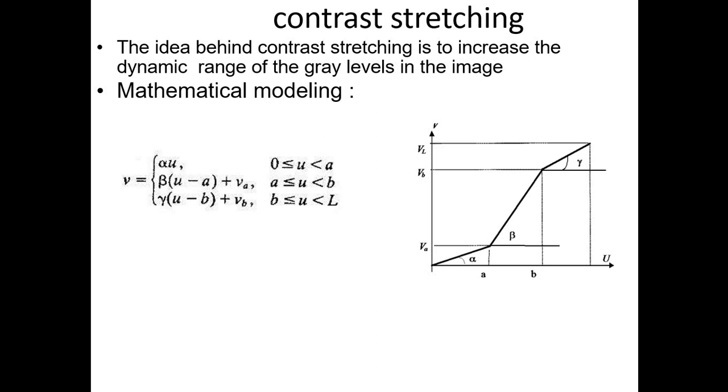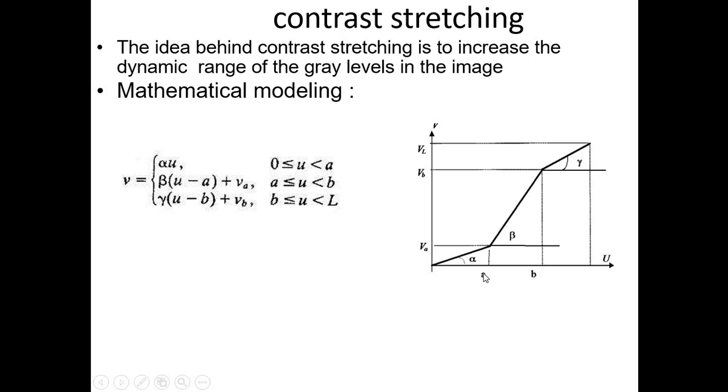So this is the transformation you can see. u is the pixel value in the original image, where v is the new, modified pixel value, and you can see the curve that is used for the contrast stretching transformation.